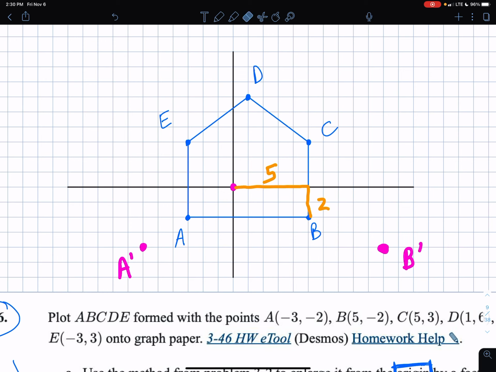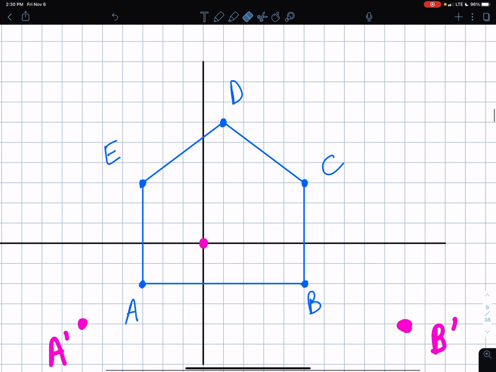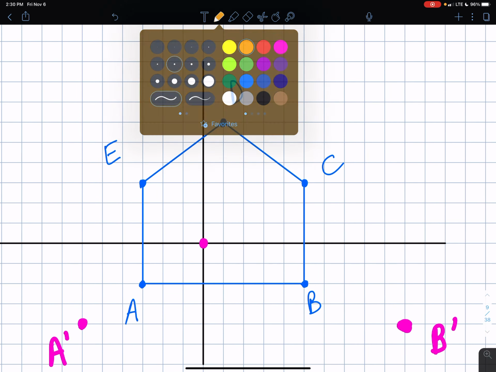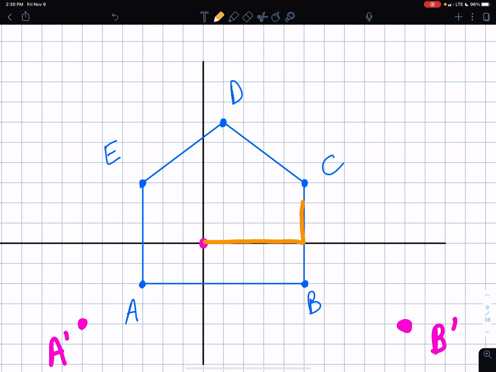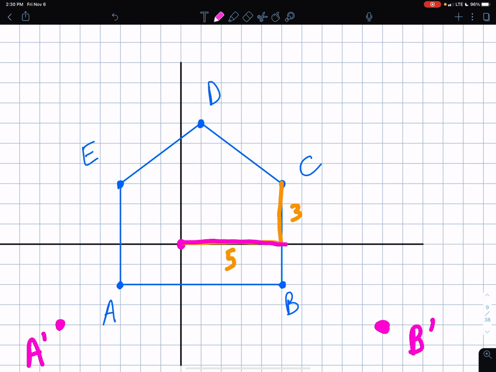And then I can clean these up again. And so again, then we'll just do it to C, D, and E. And so to get to C, we got to go right 5, up 3, so 5 and 3. So let's double those. And we will go right 10, and then up 6. And that should be that point right there, C prime.